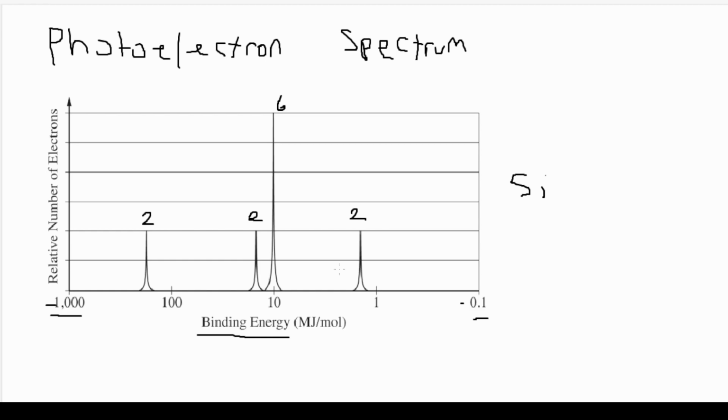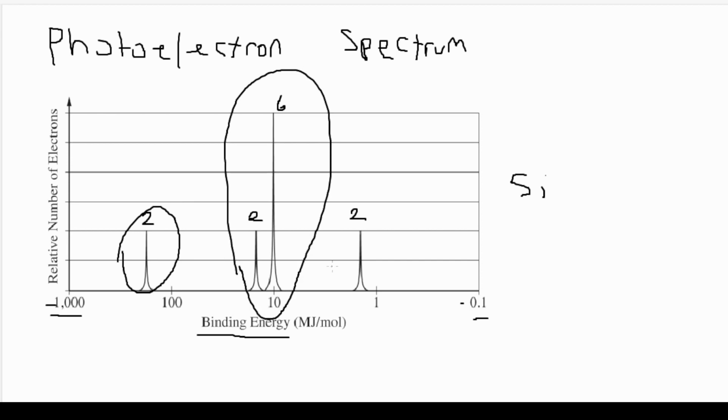For the AP, you'll only ever see spectra with the s and p subshells, so don't worry about d or f. And then each group of peaks represents an energy level. This peak that's all alone here is one energy level. These two that are clumped up are another energy level. And this one that's alone is another energy level.